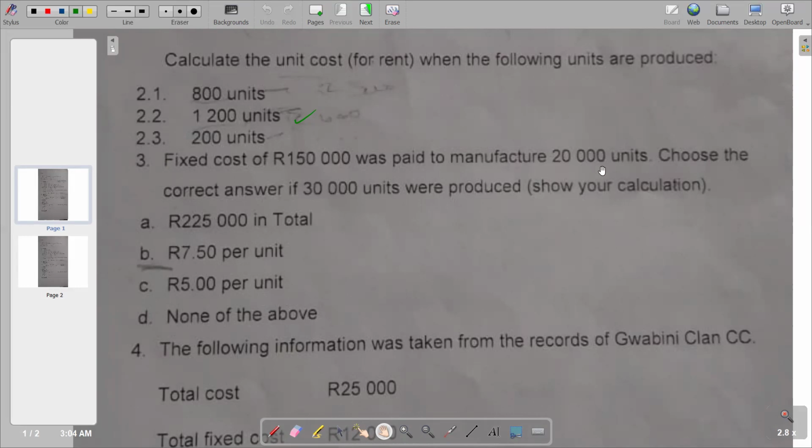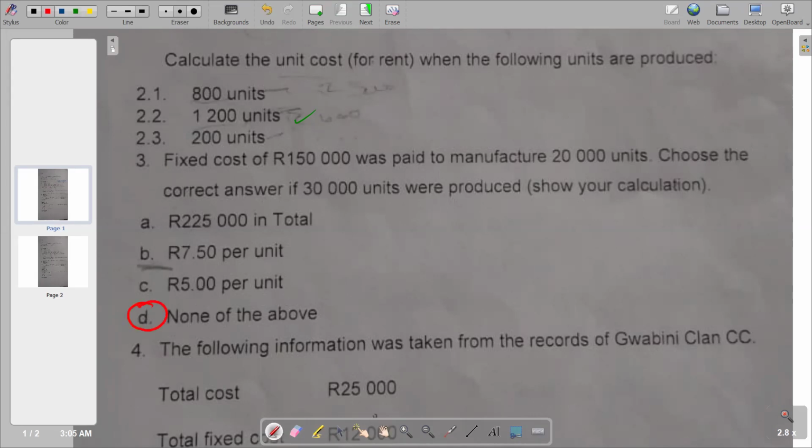Here we are using 10,000 units with a fixed cost of 150,000 rand, and the same amount of fixed cost applies, since fixed costs do not change with the level of output. It remains the same. If you look at the responses we are given, we do not have 150,000 rands there. But D says none of the above, which means D is the correct response.